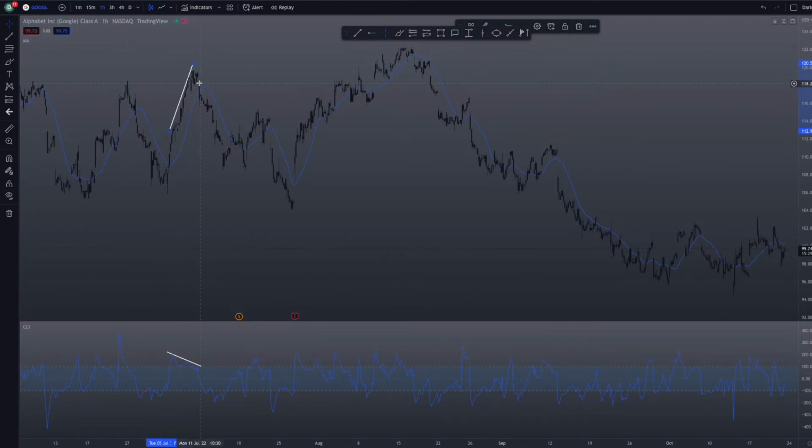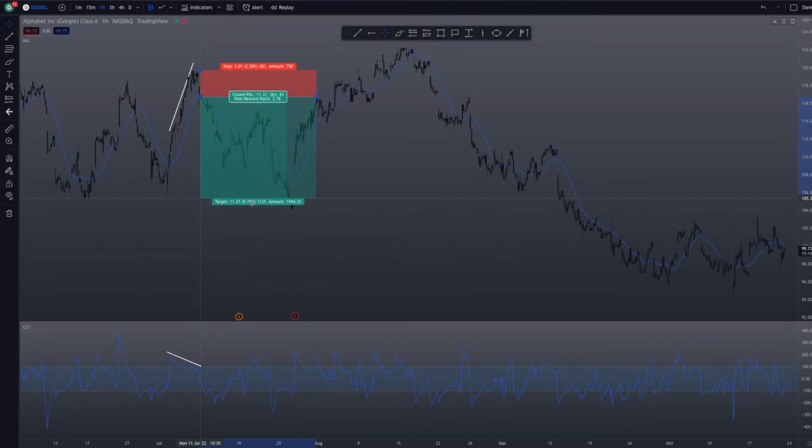We get this gap in the market, price crosses over here, and boom, that's a 2.7 or 4R move to the downside, right? So it all really depends on how you look at the CCI and analyze the charts, and how the CCI may or may not help you in your strategy in analyzing what's actually going on.